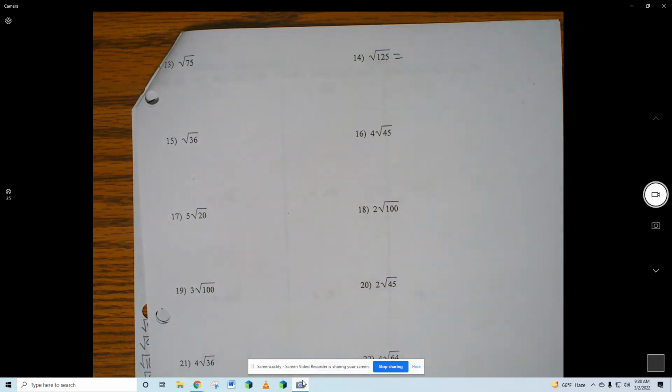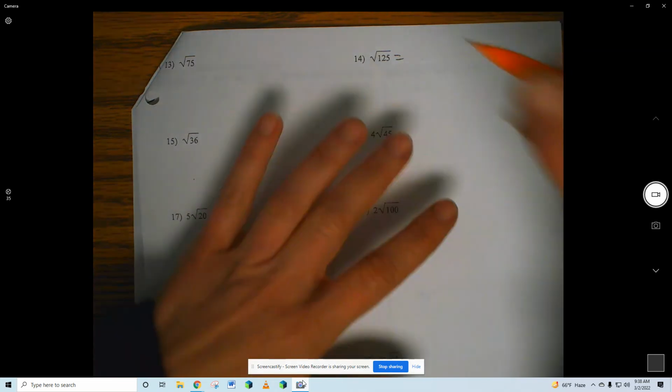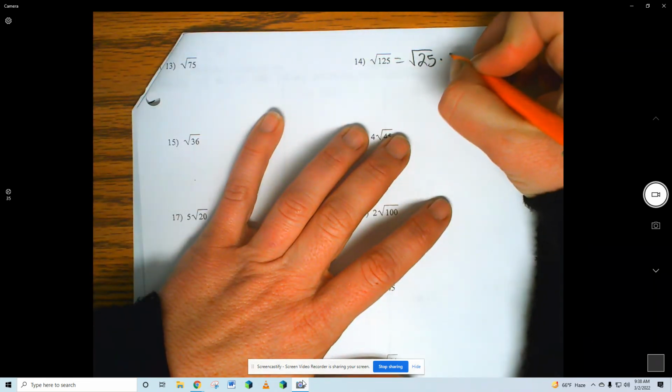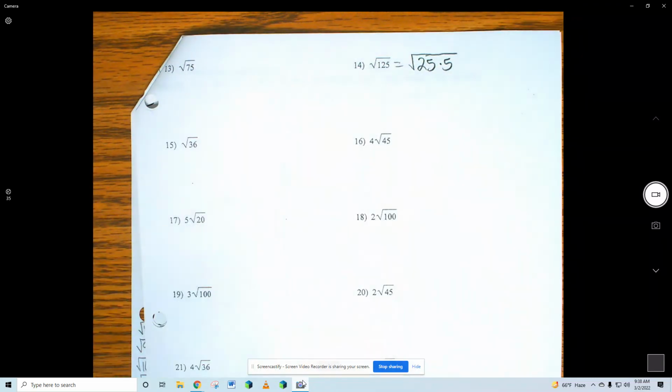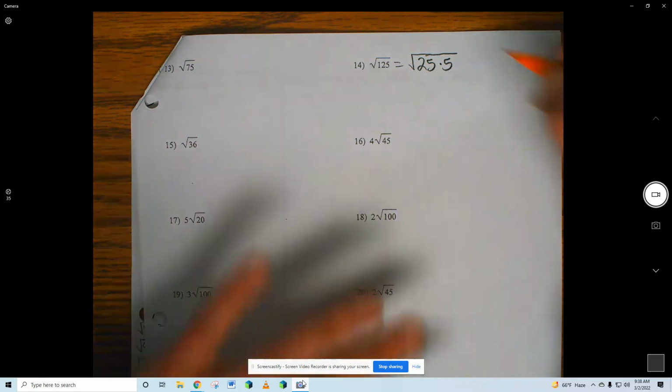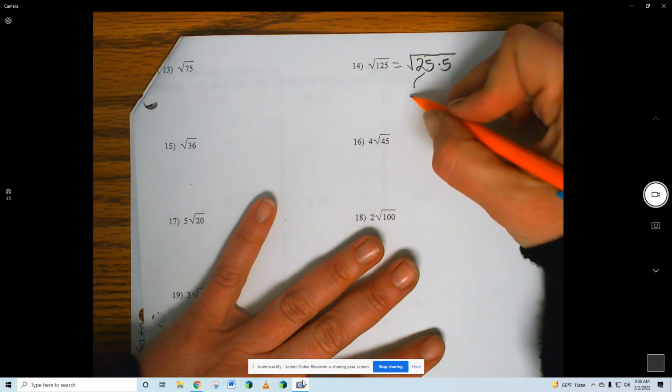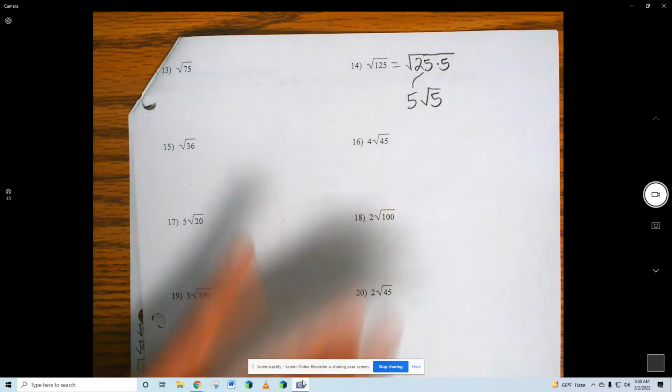So on number 14, you're going to do the square root of 25 times 5. By the way, you need to show this work, unless it's a perfect square. 25 is a perfect square. It comes out 5 rad 5 is the answer.